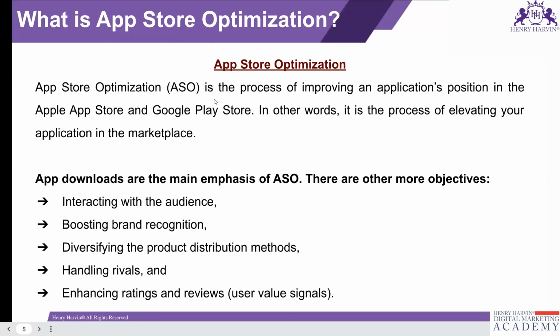So app store means you have an app. If you have a website, and you have a mobile-focused business, or you want the majority of people to access your website or your service from a mobile phone, then definitely you must have an app.